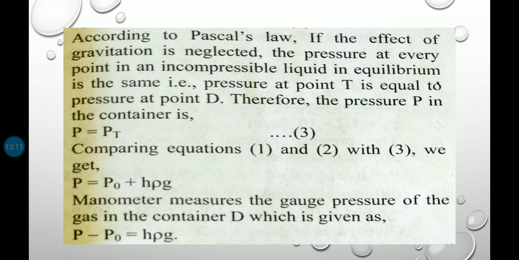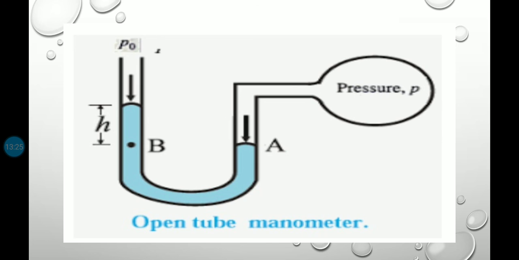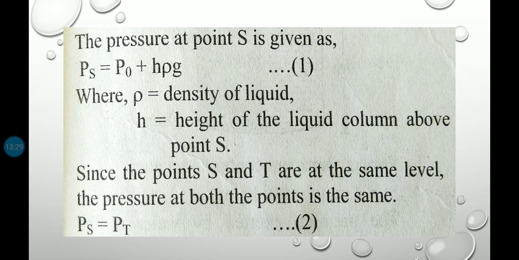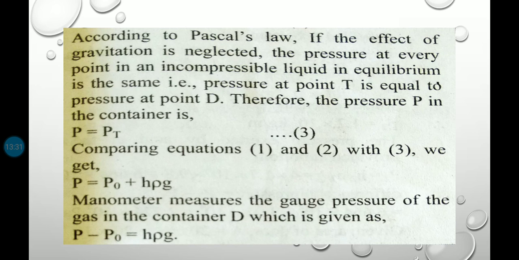According to Pascal's law, if the effect of gravitation is neglected, then the pressure P in the container is equal to PT. That means the pressure at this point A is the same as the pressure in this balloon.